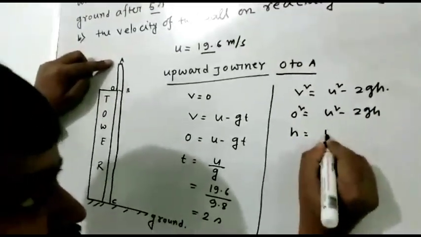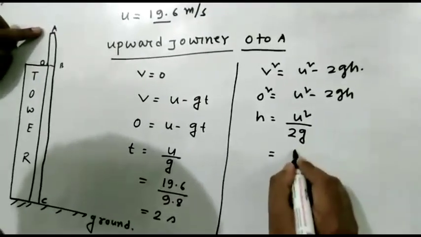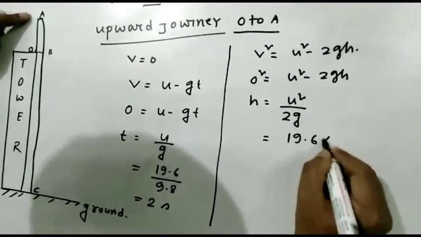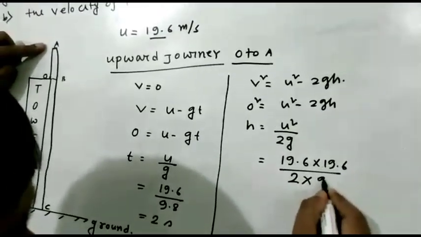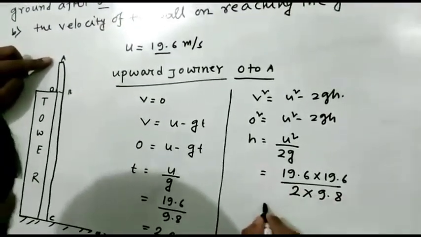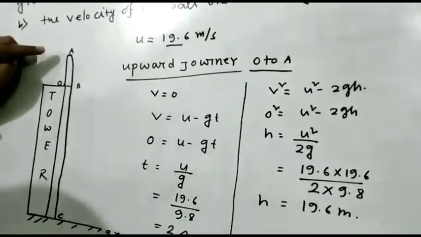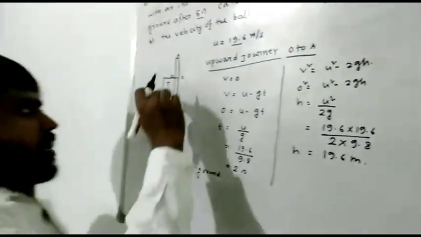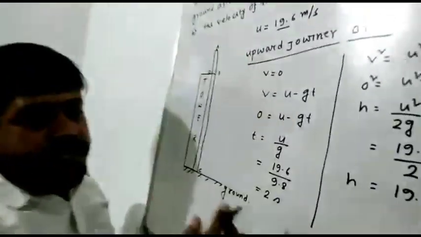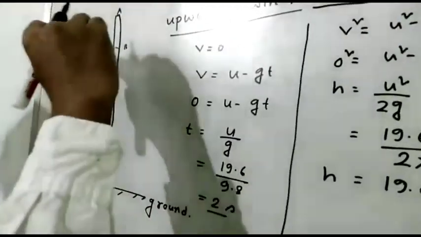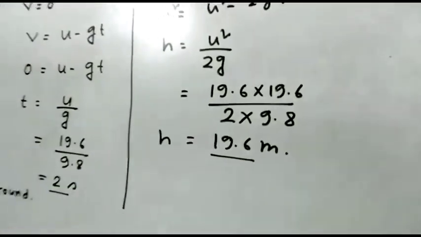So h equal to u square by 2g. u equals 19.6. So 19.6 into 19.6 divided by 2 into 9.8. So h equals 19.6 meter. Now we have the time from O to A, equal to 2 seconds, and the height from O to A, equal to 19.6 meter.